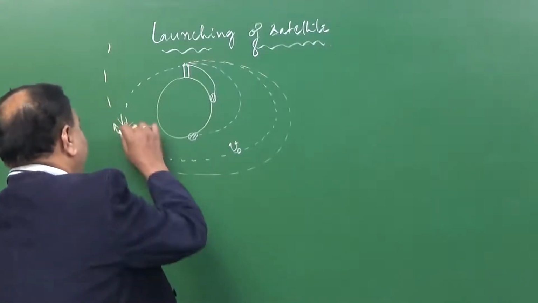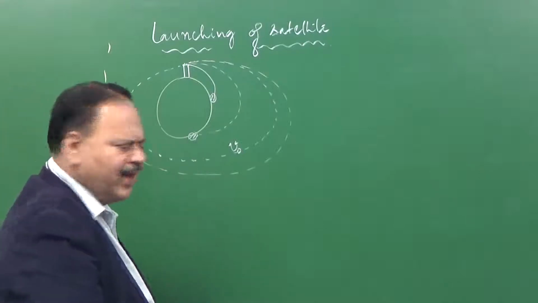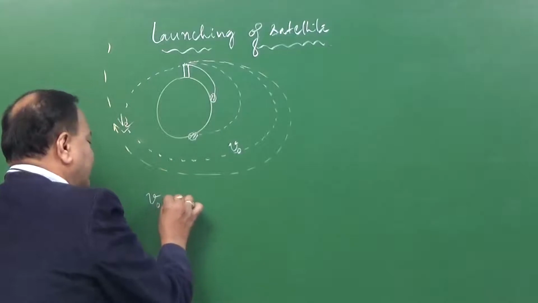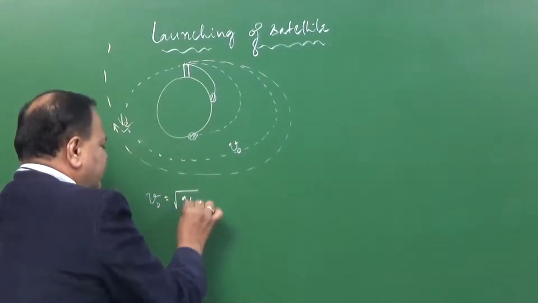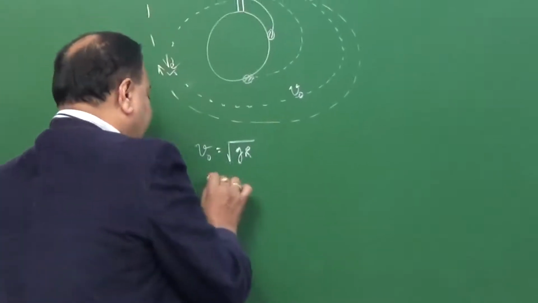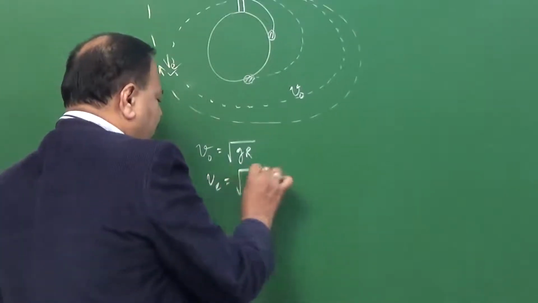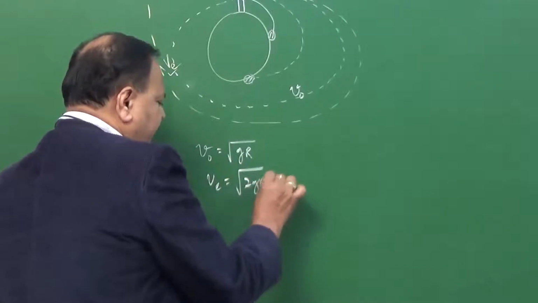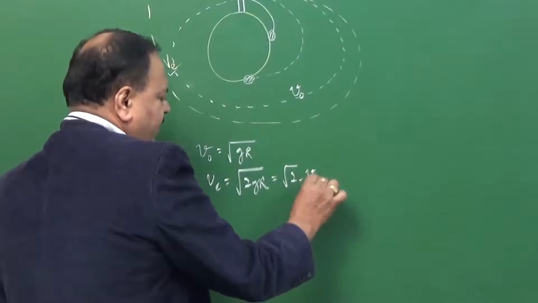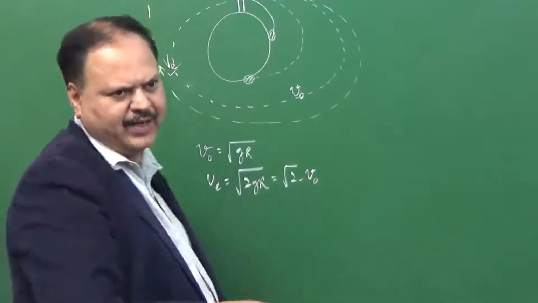That's called escape velocity. Now we are going to derive an expression for orbital velocity, which is equal to root of gR, and escape velocity is given by root of 2gR. Root of 2 into root of gR means it is v0. Remember, this is what we are going to derive now.